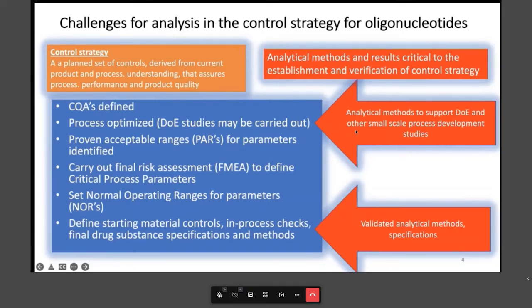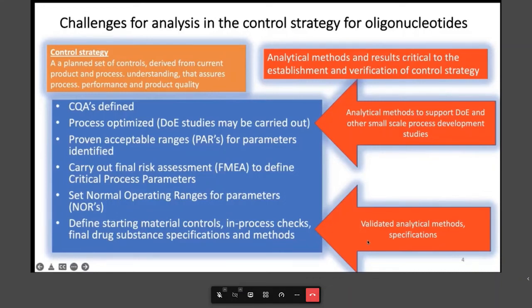So we're using analytical methods not just to test in at the end, but to support DOE studies to enable us to establish the optimum manufacturing process and the proven acceptable ranges and the normal operating ranges that our manufacturer will work in, but also to support process development studies. So we need good methods when we start, and we need good methods when we refine our manufacturing process.